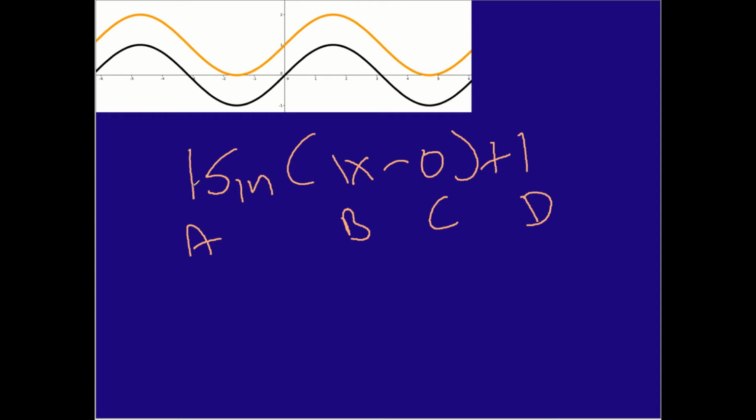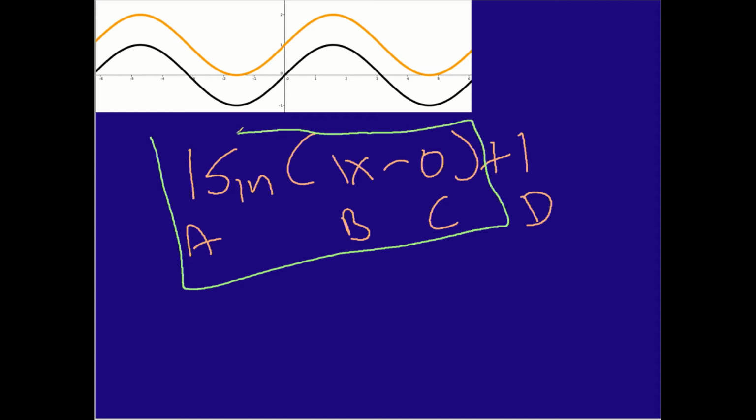And so all these components right here are what you expect for a regular unmodified sine function. However, what is new is this plus 1 right here. And this is why it crosses the y-axis at 1. That's all that's happening there.